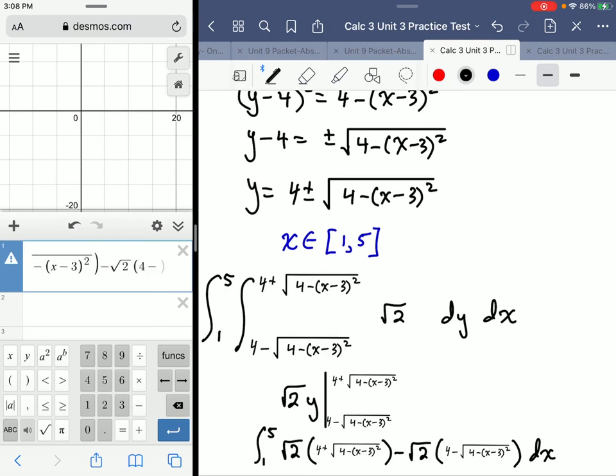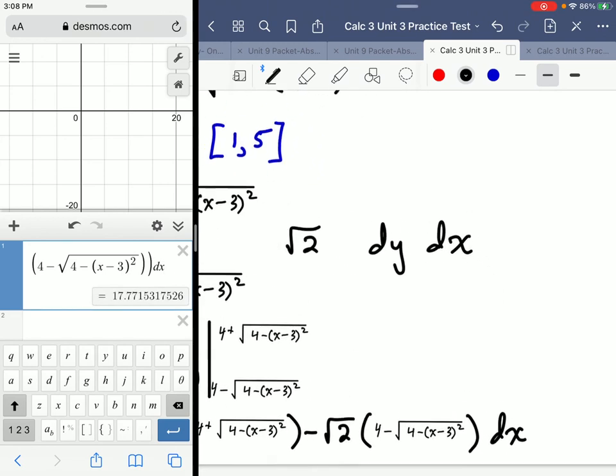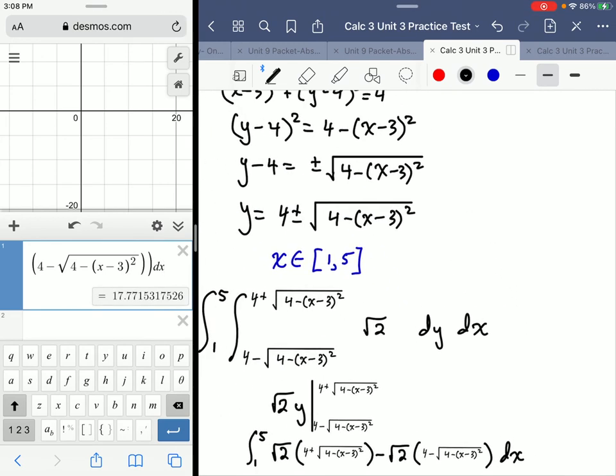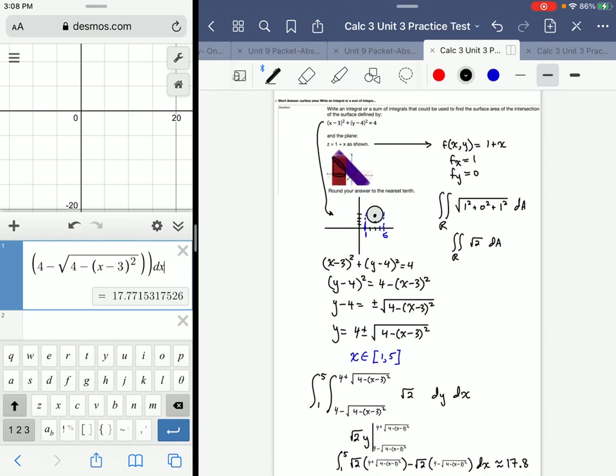So 4 minus the square root of 4 minus x minus 3, close it up, square it, and then close it up for the integrand, and dx. And we're looking at about 17.8. The direction is to round to the nearest tenth, so that's where we're at. 17.8 square units.